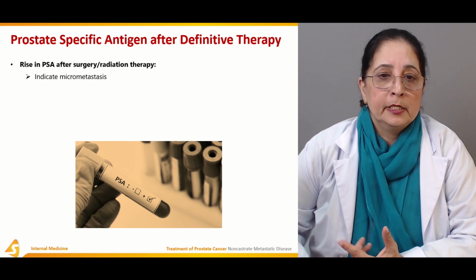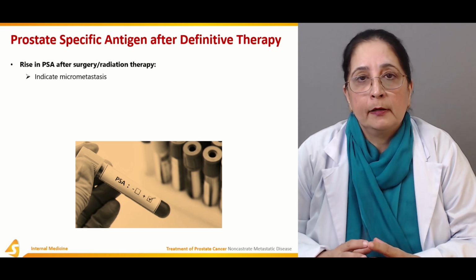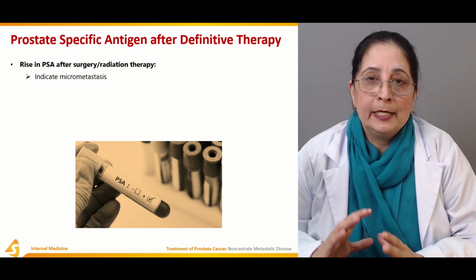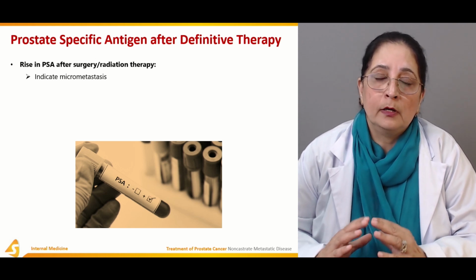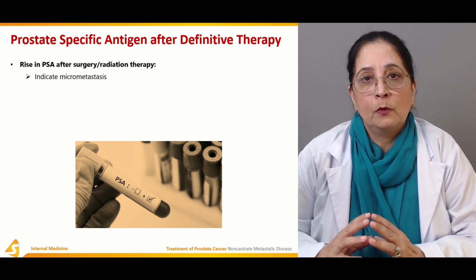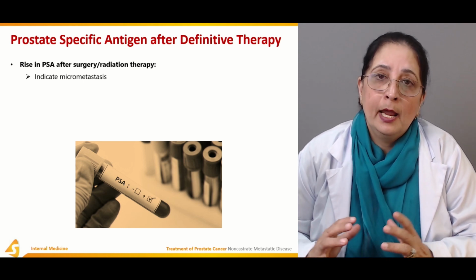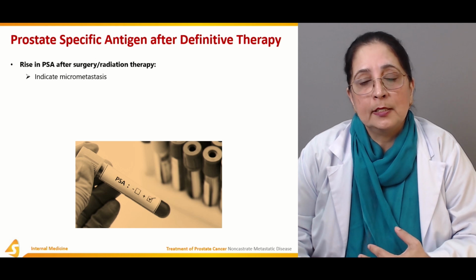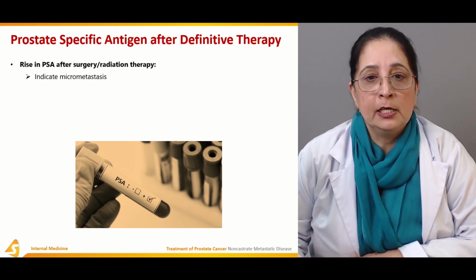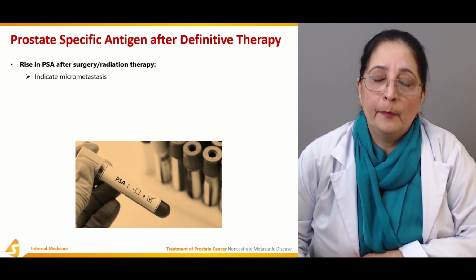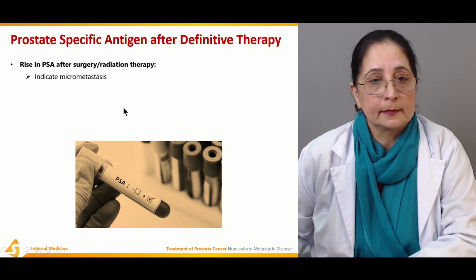So rise in prostate-specific antigen after surgery and radiation therapy, what does it suggest? It indicates micrometastasis. It means the treatment done for the prostate cancer did not fully cure the condition, and there is micrometastasis present after the definitive therapy. So this prostate-specific antigen level after definitive therapy is important to find out because it indicates the presence of small metastasis.